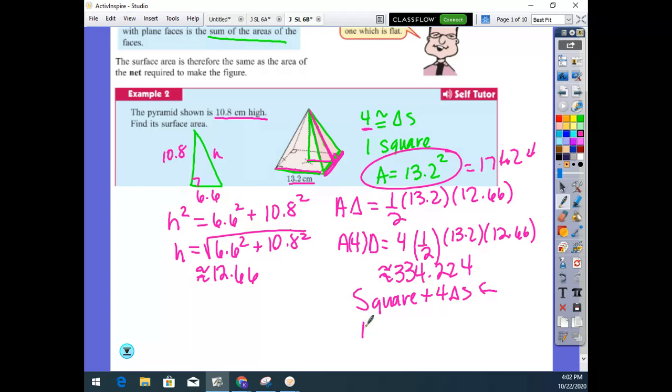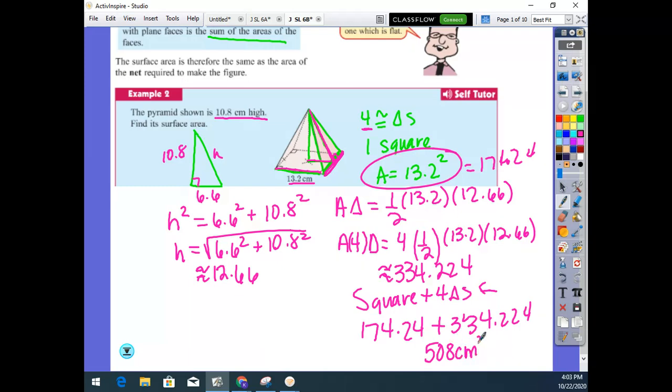So if I take the total area of my square plus the area of all 4 triangles and add them together and round it to 3 sig figs, I'm going to get 508 centimeters squared.